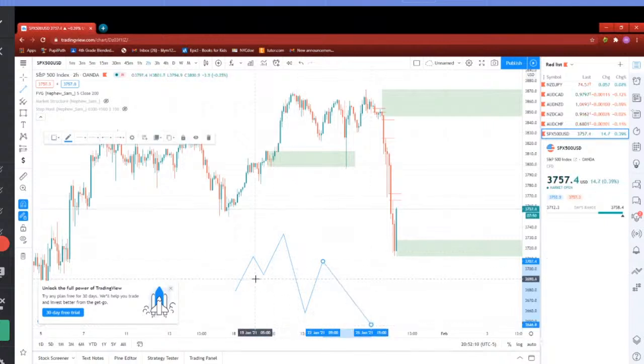All right, so check this out. Pretend like this is this move right here, right? They consolidate right here. They manipulate the market up, right there, and they're faking people out with this drop right here.